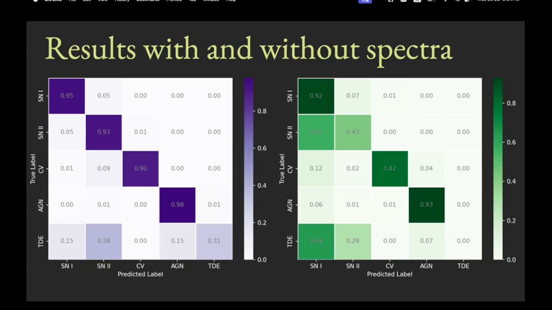It's not very, let's say, thumbs up, yes, it's a TDE. And there are different reasons for this. TDEs are rare, and it's more difficult to have more data in order to better train the network.